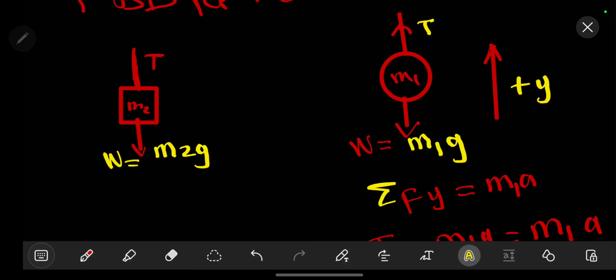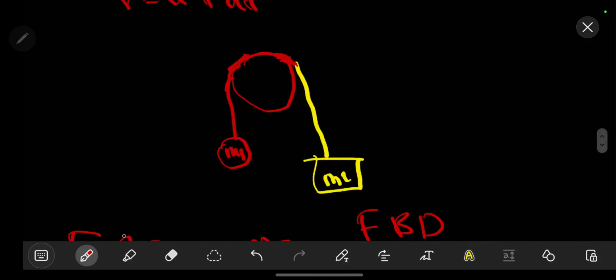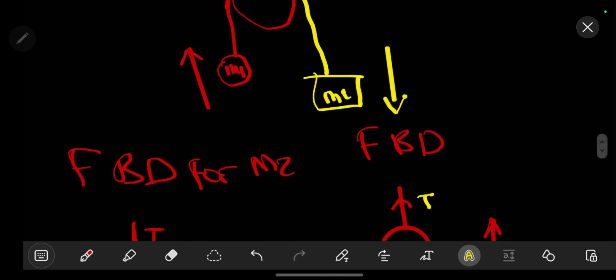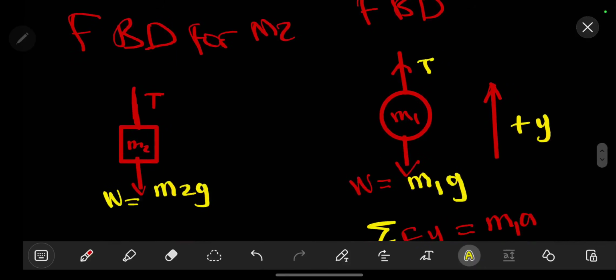Also, just by using our logic, if this side is going up, automatically this side shall be going down. So this is our system. So you are just going to accommodate this type of arrangement by taking the coordinate axis to say whatever is going down for this system shall be considered positive.